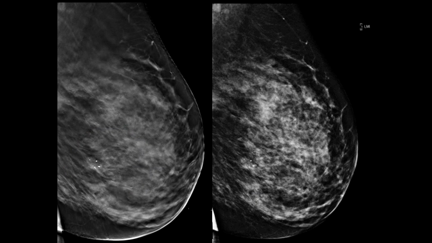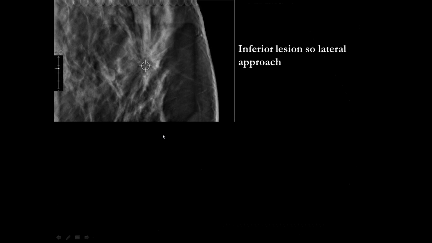And it's a big lesion. And here it is on the 90-degree view. It's not as well seen, but I can't see it as expected on the two-dimensional view. So this would be a perfect case to do a tomosynthesis directed biopsy.